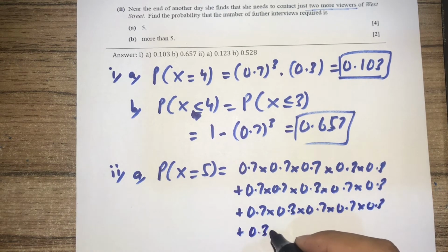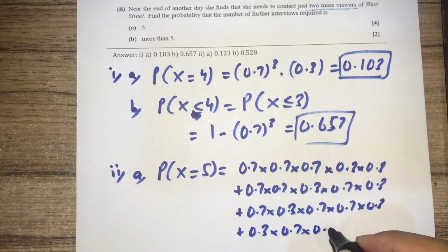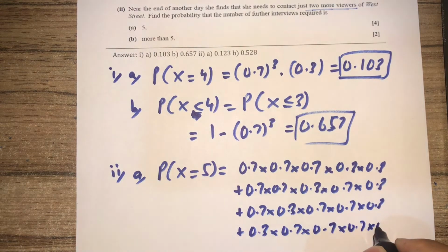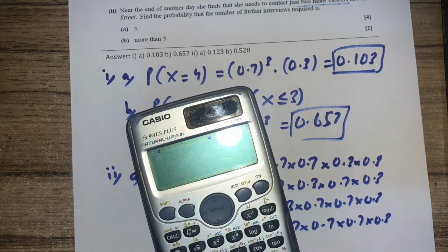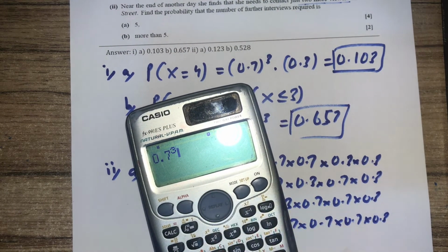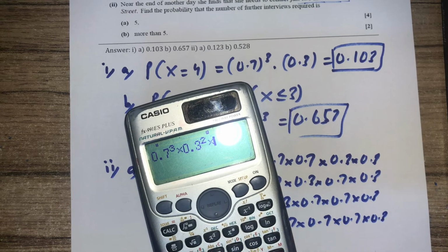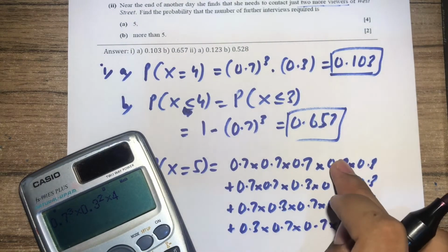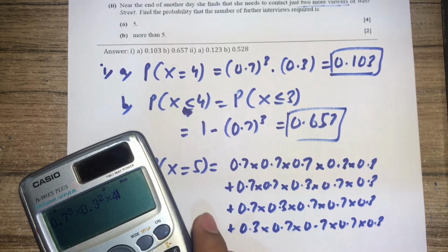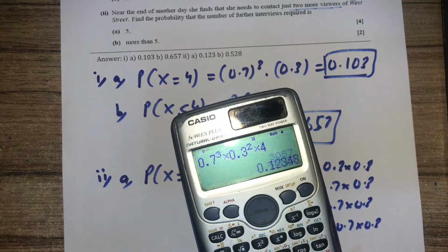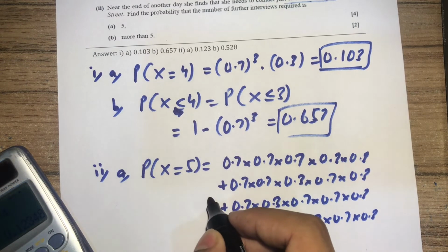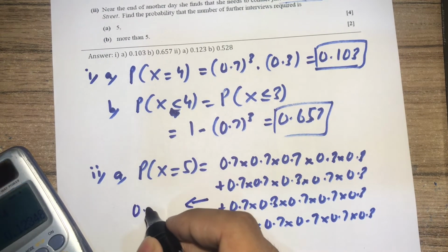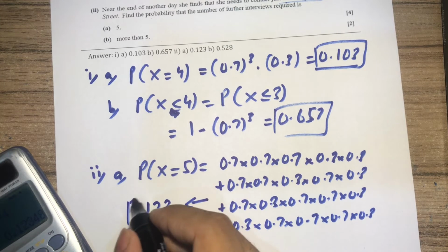Then there's first a success, then 3 failures, then a success. So I can write this as 0.7 cubed times 0.3 squared times 4, because the first 0.3 can take 4 places, right? So it's coming 0.123.